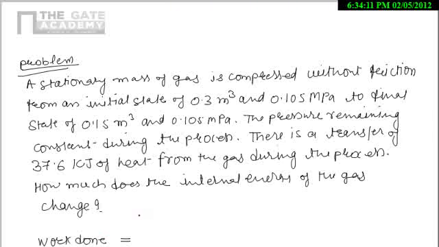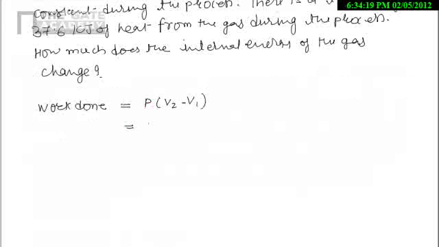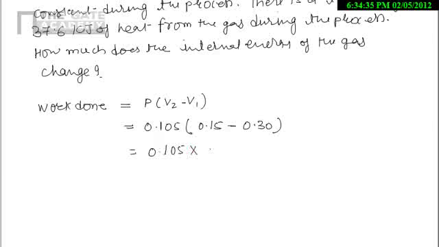Work done in this case, here the pressure is constant, so we can write P times V2 minus V1. Pressure is constant, 0.105, final volume 0.15, initial volume 0.30. So here I am having 0.105 into minus 0.15, so I am having minus 15.75 kJ. The negative sign shows work done on the system.